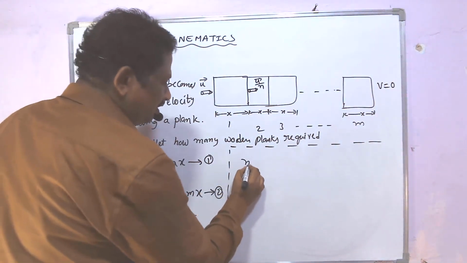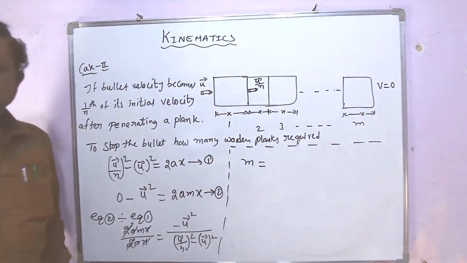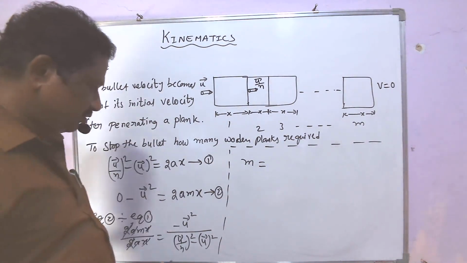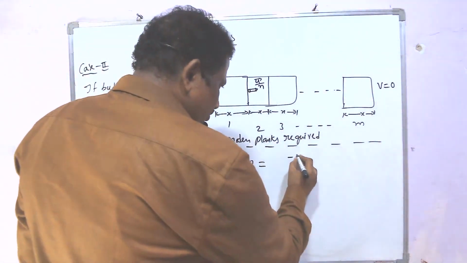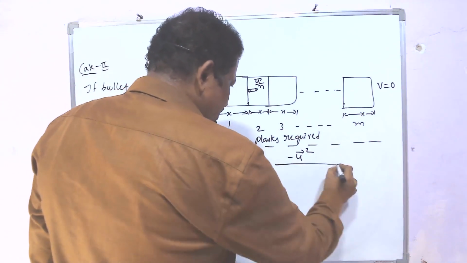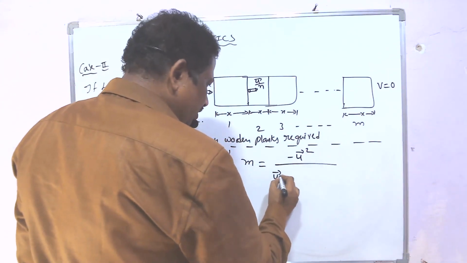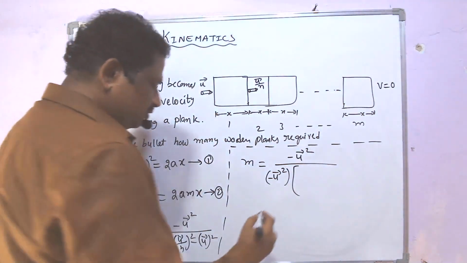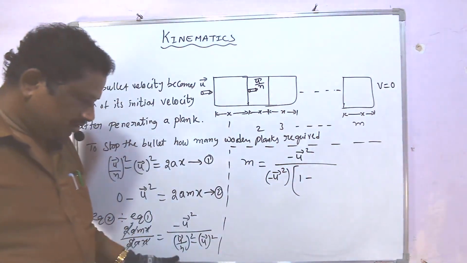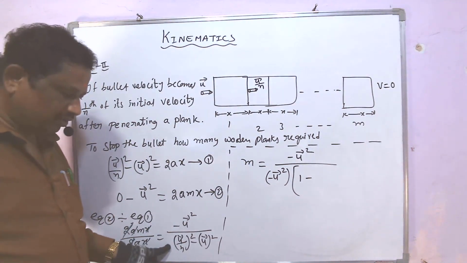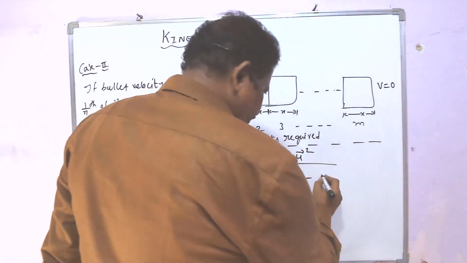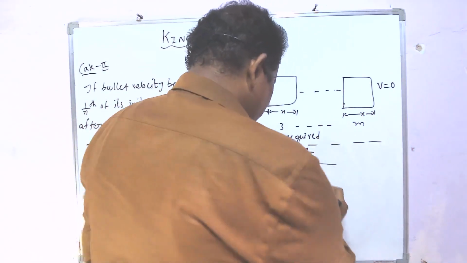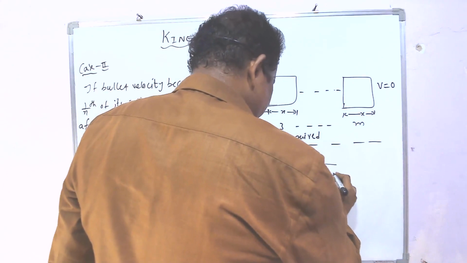What is left is m. M value only we need. That's why m is equal to. Here we take out minus u square common. Minus u square we already have in the numerator. In the denominator we take out minus u square, so this one becomes 1, and the other becomes minus 1 by n square.